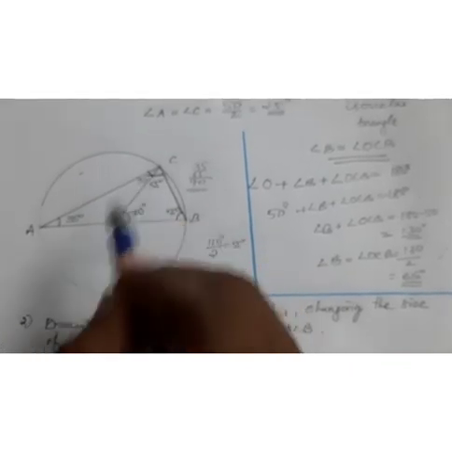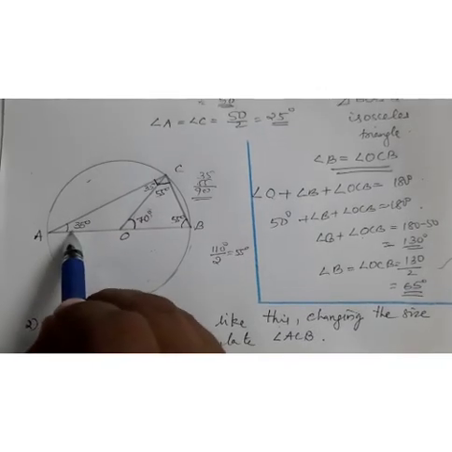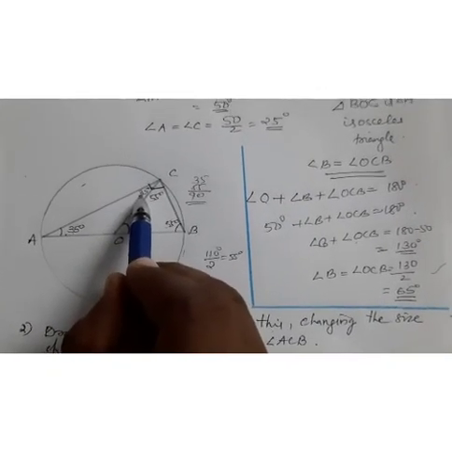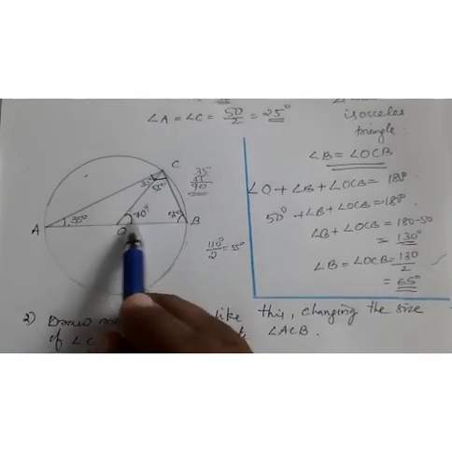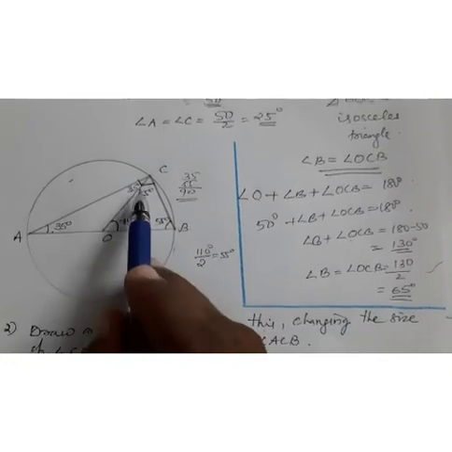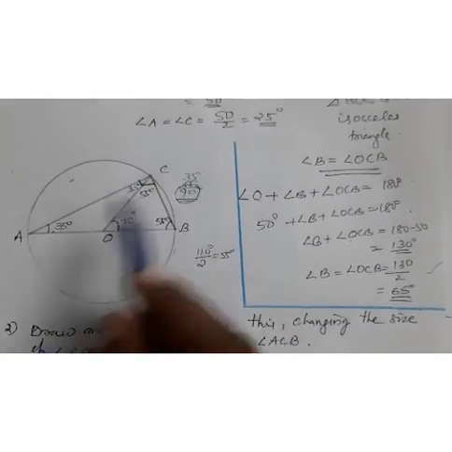So this together is 90. And if the angle is given here, we can find the half of that. The same angle we get here because it is an isosceles triangle. And if you consider this also an isosceles triangle, these two angles are equal. And what about angle C? Angle C is equal to 90 degree.